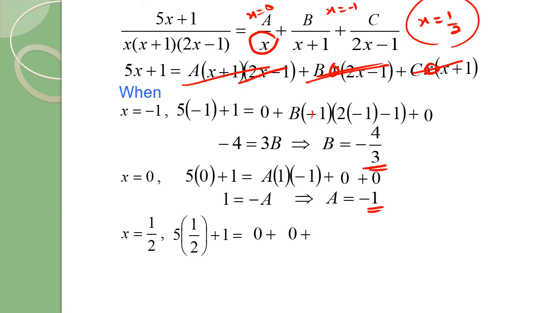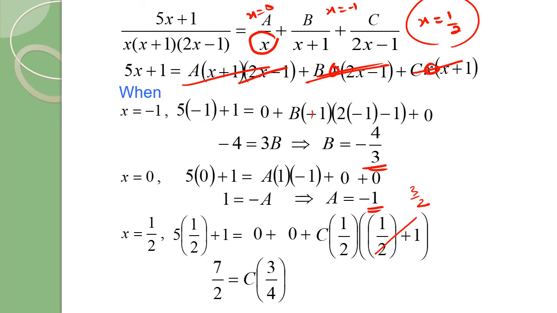So 0 plus 0 plus c of 1 over 2 multiplied by 1 over 2 plus 1, which is 3 over 2. So we have 3 over 4c. And the left-hand side we have 7 over 2 equal to 3 over 4c. So c equal to 14 over 3. Yes. Okay, so we have c, we have a, and we have b.